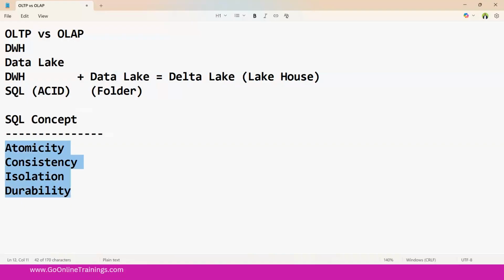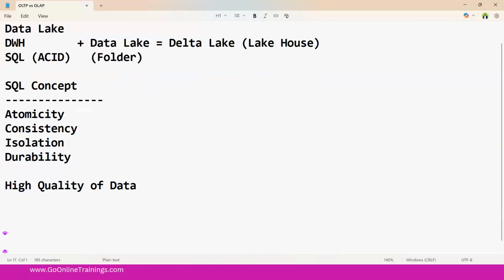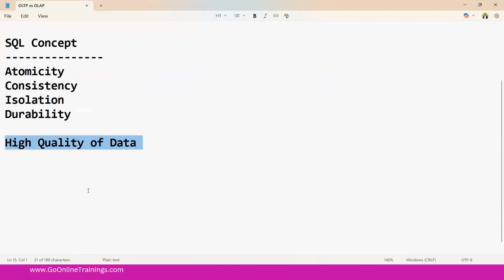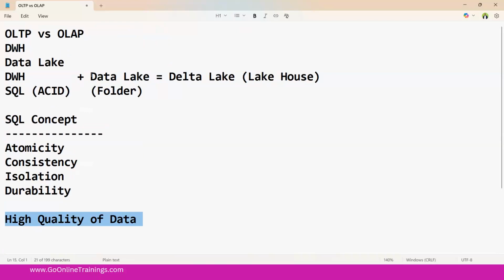Because of these four concepts, either data warehousing or any SQL RDBMS, Oracle, SQL Server, MySQL, you are going to be maintaining high quality of data, right? But this is impossible in your data lake, because data lake is going to be bigger than your data warehousing.